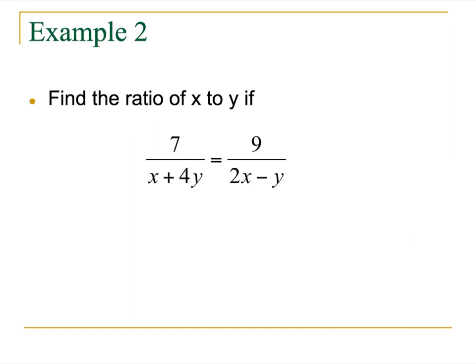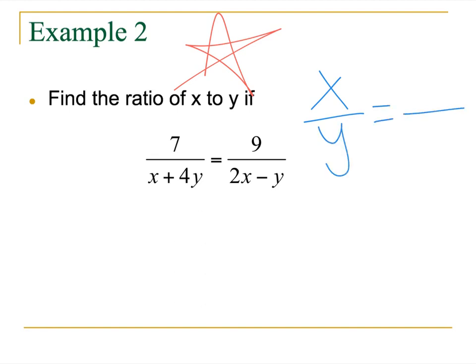So we're going to find the ratio of x to y if we've got this mess down here. I like this problem. I'm putting a star on it. I don't know why. Okay, so we want to find the ratio of x to y. So eventually we want this proportion to look like some x to y is equal to something, right? Well, how about we start by cross multiplying? Okay, because we got to get it to look like this on one side at least.